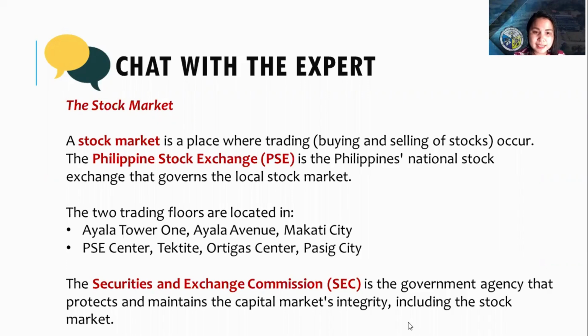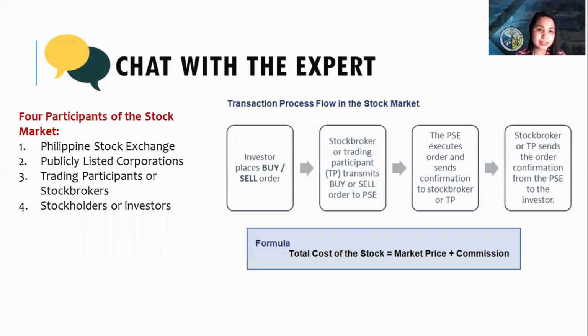The SEC is what we call the Securities and Exchange Commission. It's a government agency that protects and maintains the capital market's integrity, including the stock market. So they control the stock prices and the buying and also the selling.